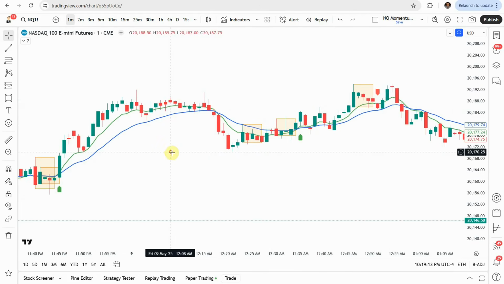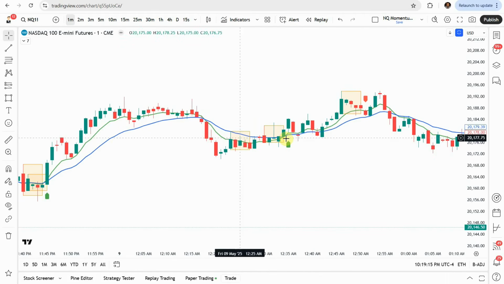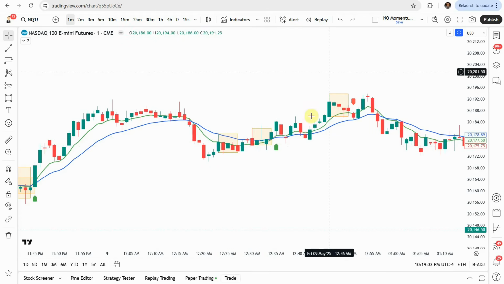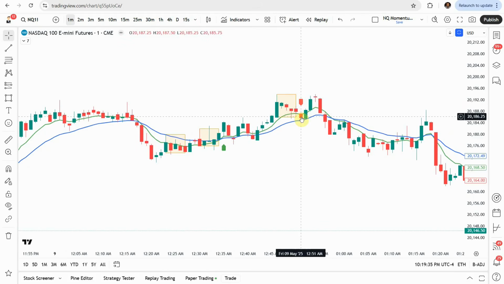Nice move there. Here we get these actually overlapped. This tag actually came from this box here and this one here. You can see both of them were a reversal and a continuation, and we get a green tag moving up. This one's a short, so we get a red and a push down.